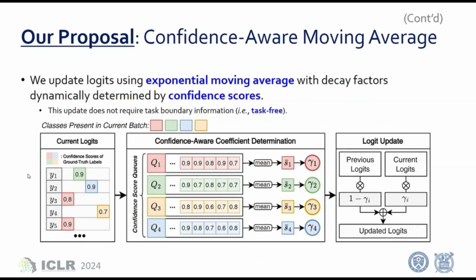Motivated by this, we propose a simple yet effective approach, confidence-aware moving average. We weight sum the previously and currently obtained logits using exponential moving average, whose weight decay factors are dynamically determined by the recent confidence scores. The key intuition is that we put more weight on the current logits if they have higher confidence scores, implying higher accuracies, and vice versa.